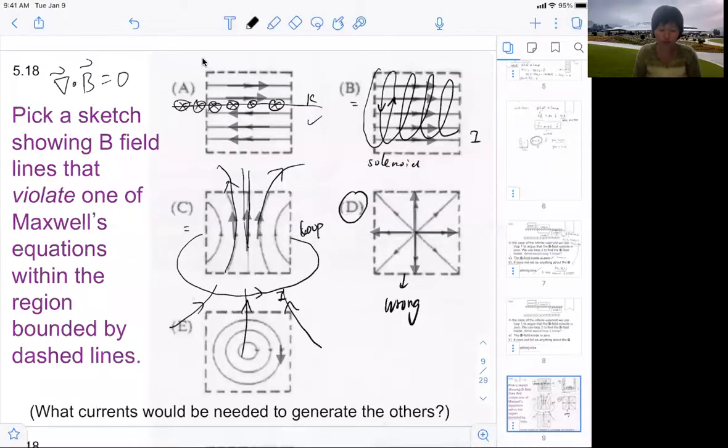And what kind of distribution will produce E? E still looks like B is wrapping around in the negative phi hat direction. So one might argue, what if we have an infinitely long wire that is going in the negative z direction? Would that work?